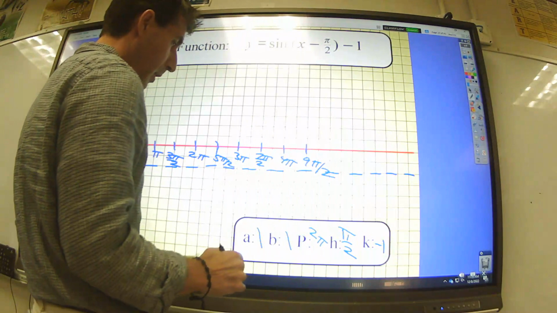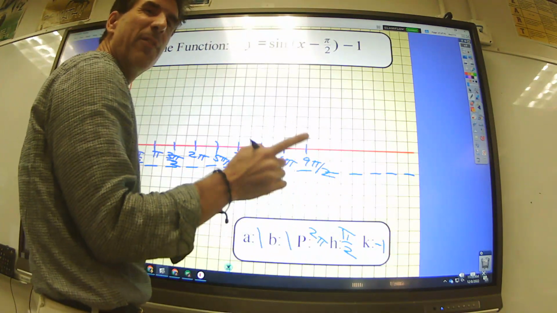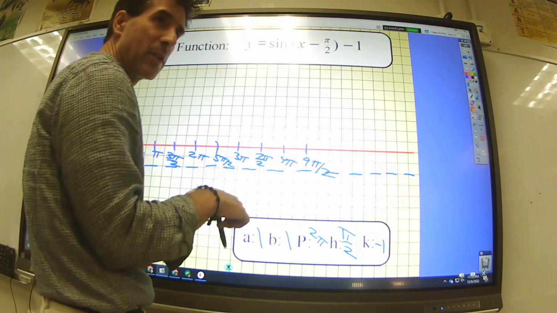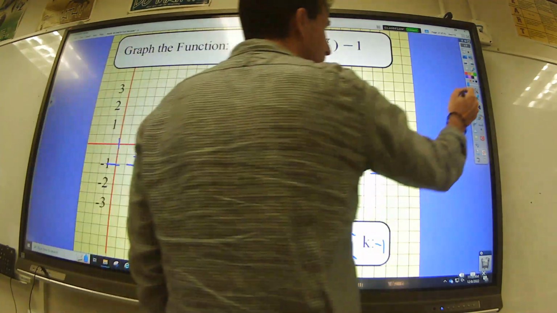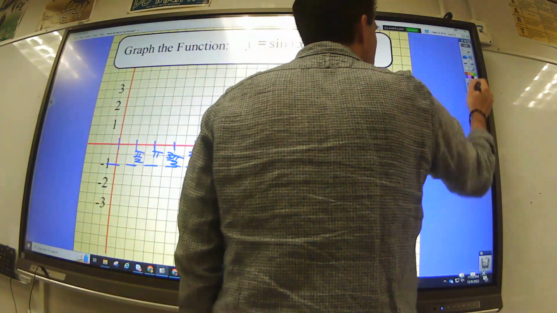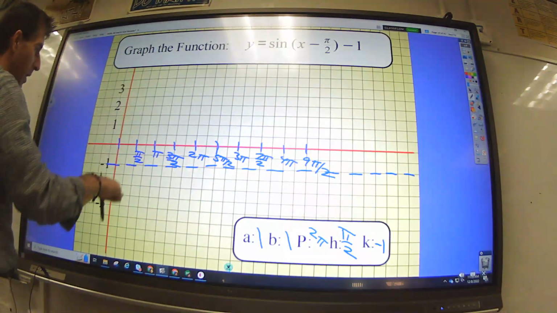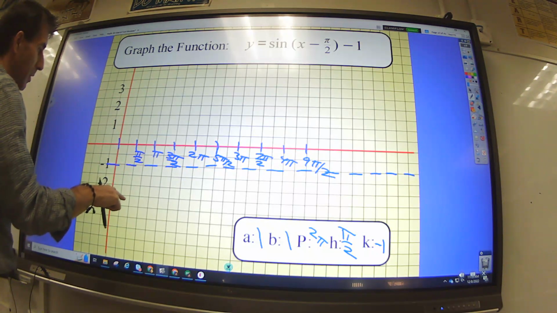Okay. The shift. I'm going to show you a way. I figured out the calculation way, and I'll show you that in a second, how to find the first point and the fifth point. But because I shift over pi over 2, I'm going to start here at pi over 2.